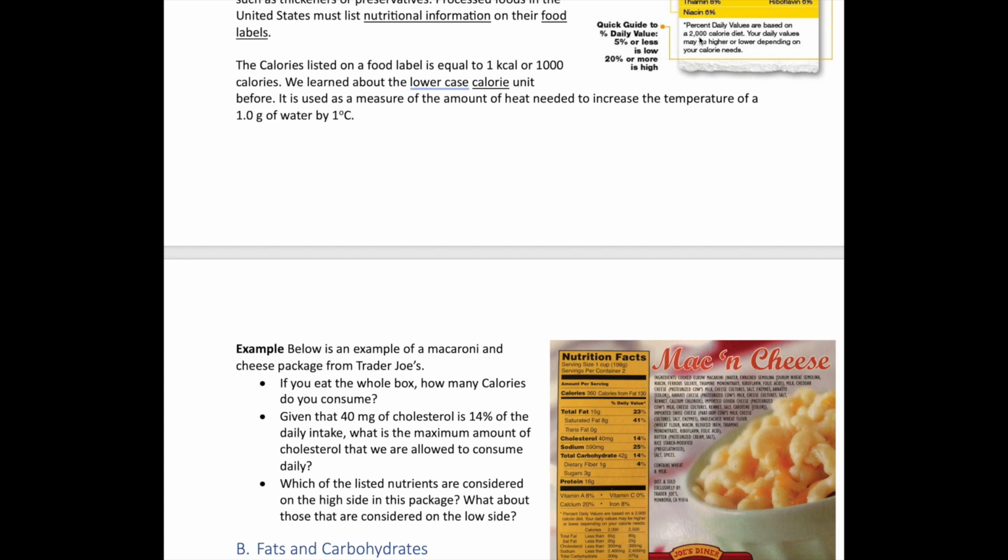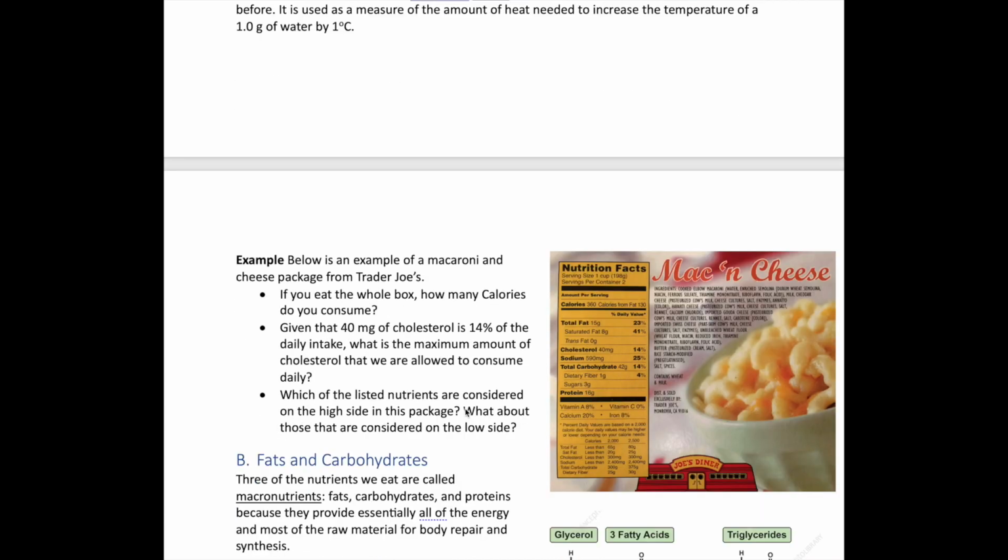Remember that typically we assume a 2,000 calorie diet for an adult, and that depends a lot on age and weight. If you look at the second question here, it says that 40 milligrams of cholesterol is 14% of the daily intake. So then the question is, how much cholesterol can you take in per day?